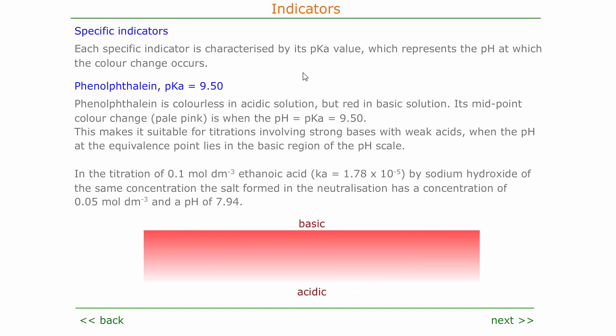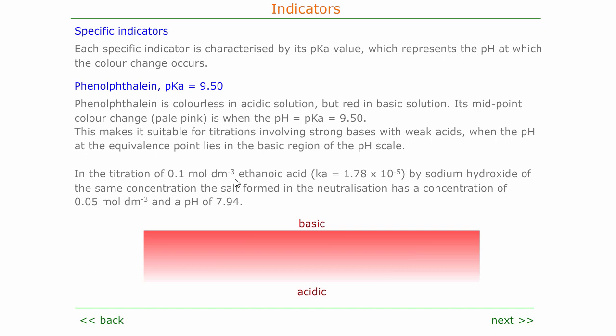Now if we look at a specific indicator, phenolphthalein is a very, very weak acid. It's got a pKa value of 9.5. And in fact it's colourless in acidic solution, but it's red in basic solution. So the midpoint appears when we've got a pale pink colour, when there's just a hint of the redness coming out.